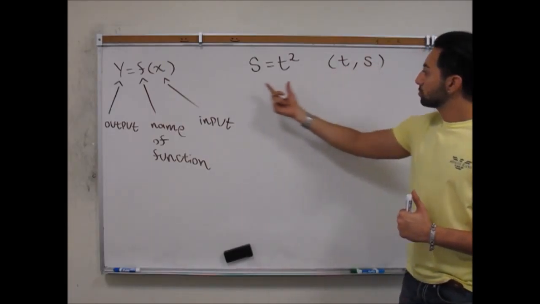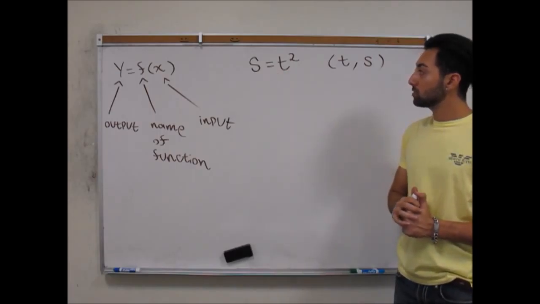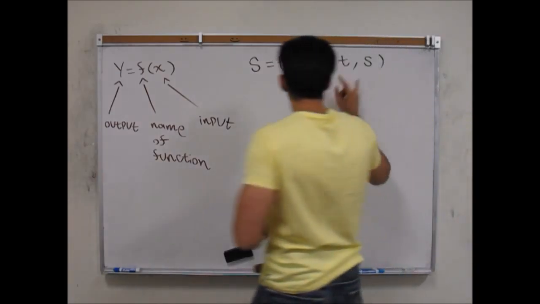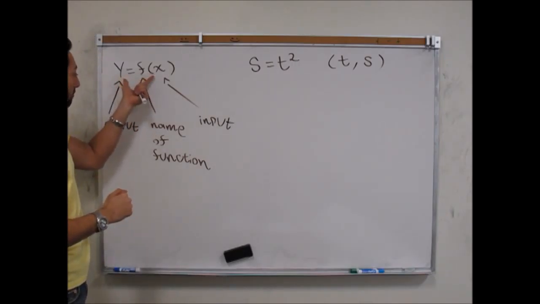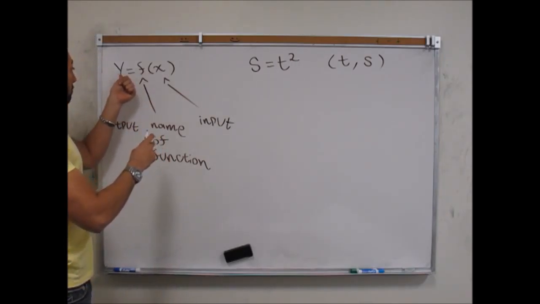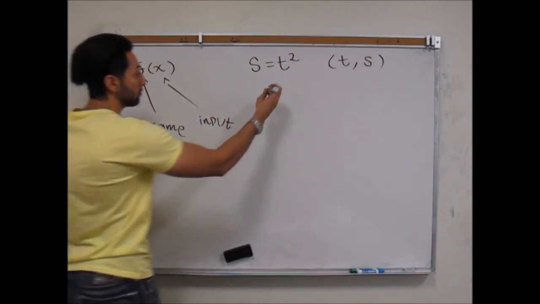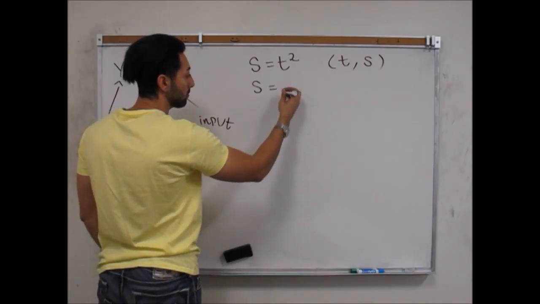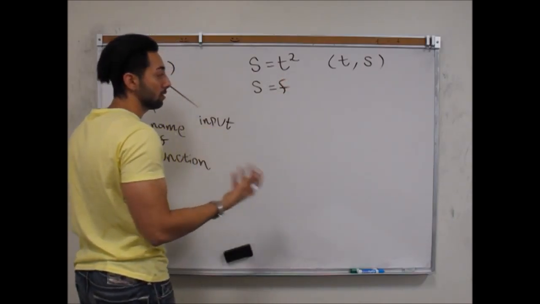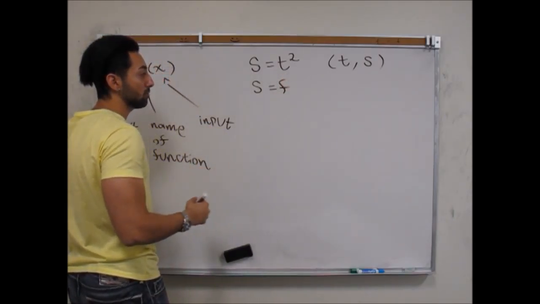Now let's say I wanted to put this in function notation. If we want to match this up with the function notation, we would write our dependent variable first, which is s. We would have to call that function something, but I'm just going to call it f again, which is a common name we use for functions.